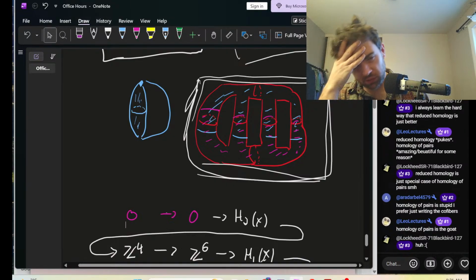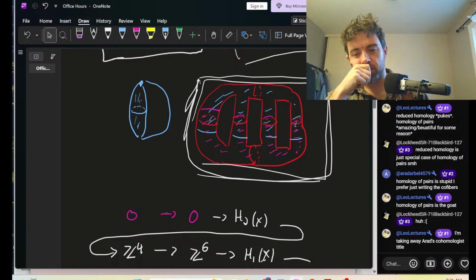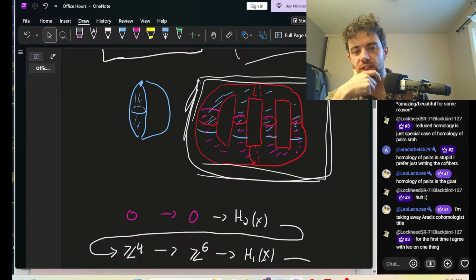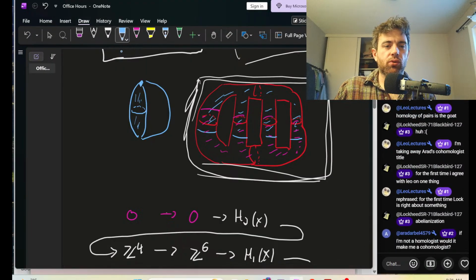So I wonder, can we actually just get H1 from pi 1? Is that maybe the way to go? I mean, just looking at it, basically it is a 3-hole torus.